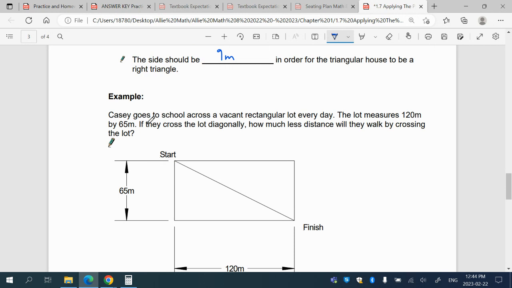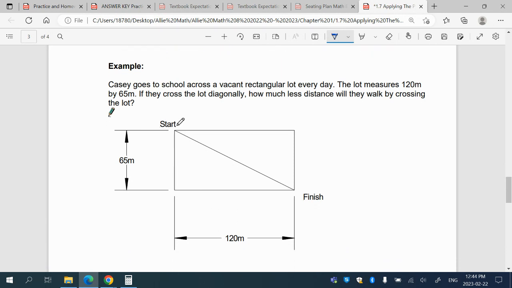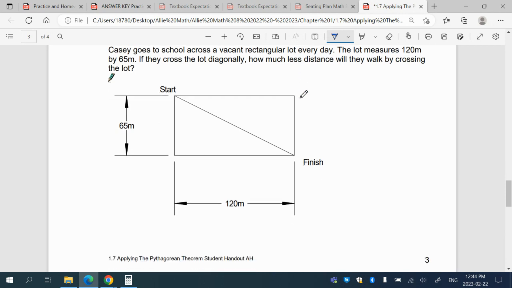Next example, Casey goes to school across a vacant rectangular lot every day. The lot measures 120 meters by 65 meters. If they cross the lot diagonally, how much less distance will they walk by crossing the lot? So we're asking ourselves, what's the difference between walking all the way here and all the way here versus walking straight across?